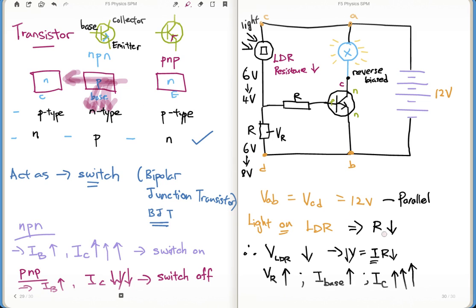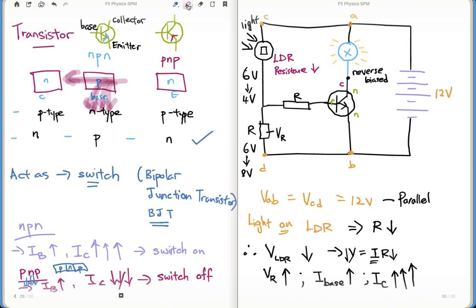Now, the same is true with PNP. If you have PNP, if your current over the base increases, here it is sandwiched by P and P, meaning it's positive, you have lost a hole. When the current increases, meaning electrons flow out, there are no more electrons that could flow through it.